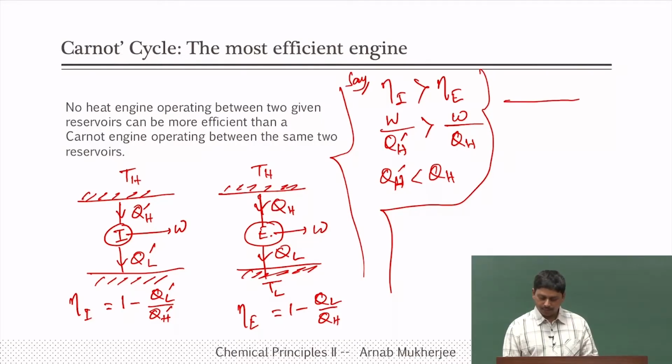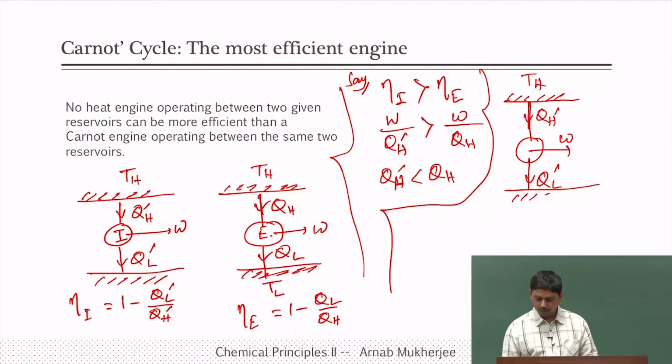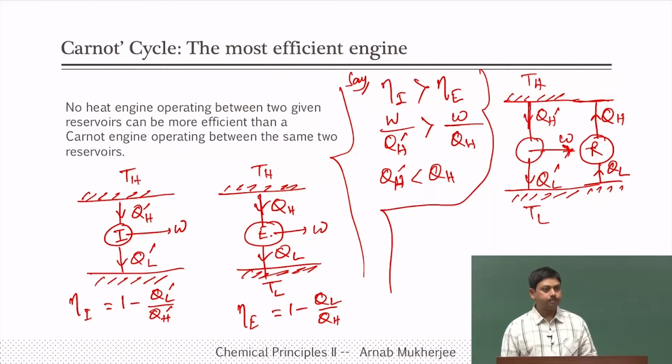Again, at TH it takes QH prime heat, produces W amount of work, and throws away QL prime amount of heat to the low temperature reservoir. This W amount of work now goes into the Carnot engine, which is kept in reverse, call it R. The exactly opposite will happen here, which means QH will go back to the high temperature reservoir and QL will be taken in from the low temperature reservoir.